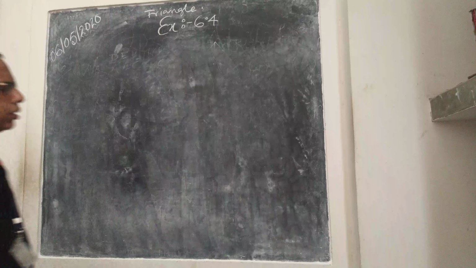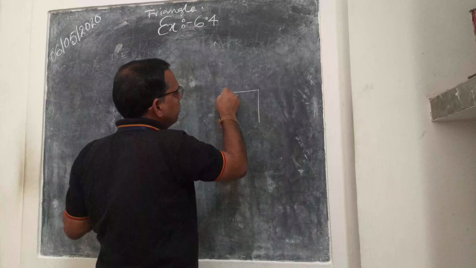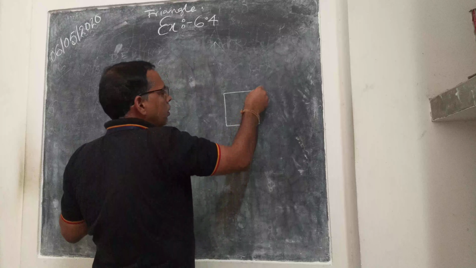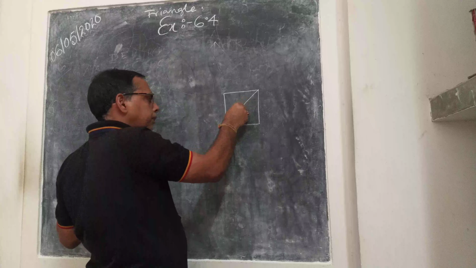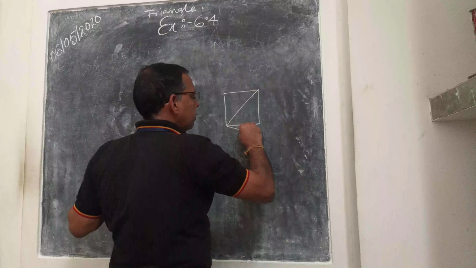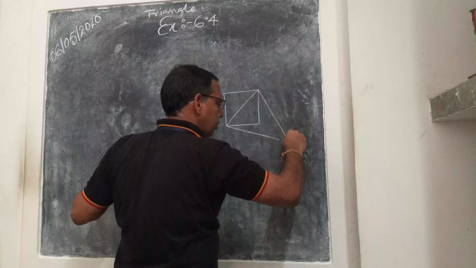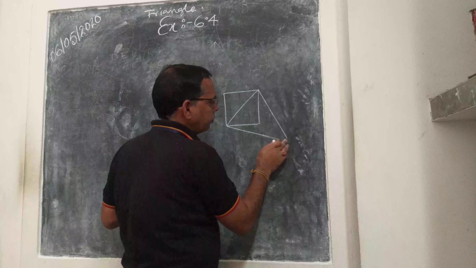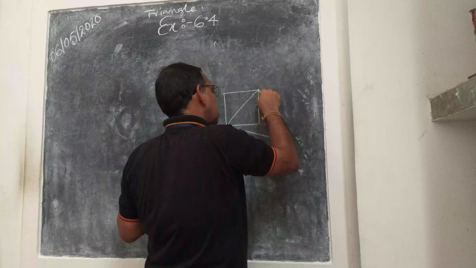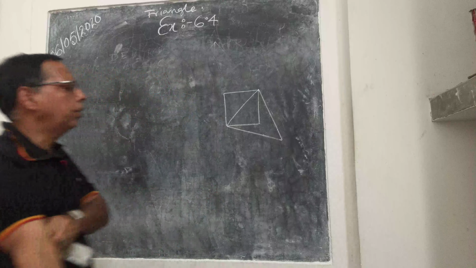Okay, so let's see. Square. So draw a square. This is the diagonal. Now they're asking you that an equilateral triangle is drawn on the diagonal.